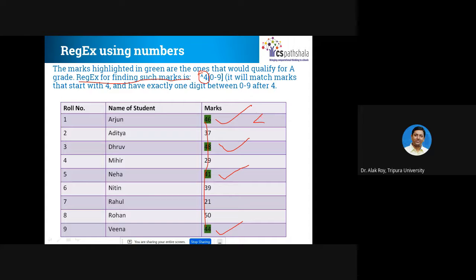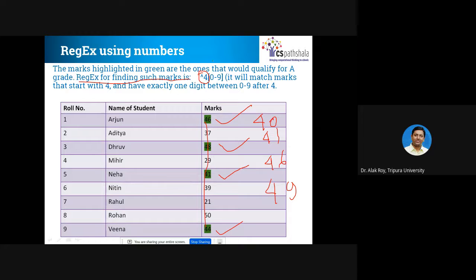It may match 40, 41, 46, or 49. It will match marks that start with 4 and have exactly one digit between 0 to 9 after the 4.